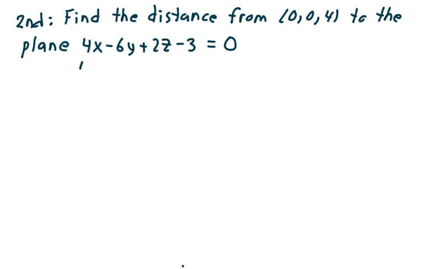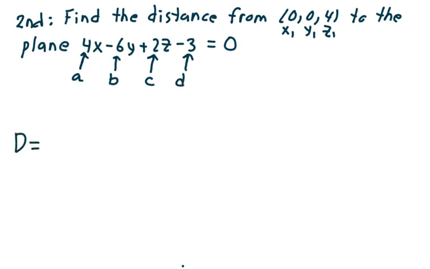So in this problem, a is 4, b is -6, c is 2. My x1 is 0, y1 is 0, and z1 is 4. And by the way, my lowercase d happens to be -3.